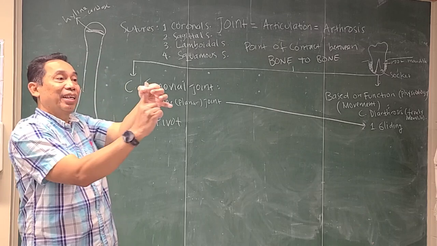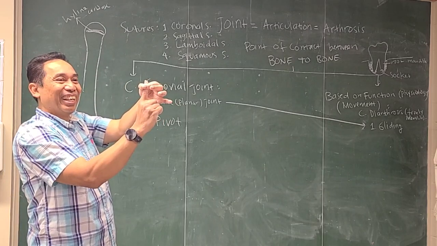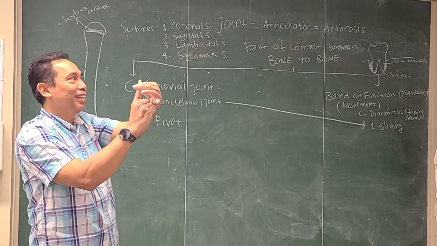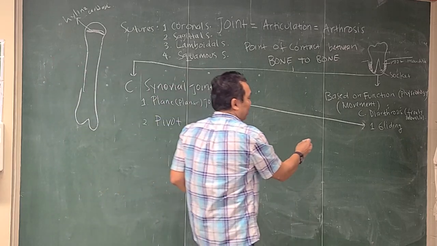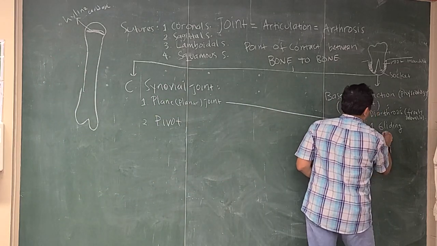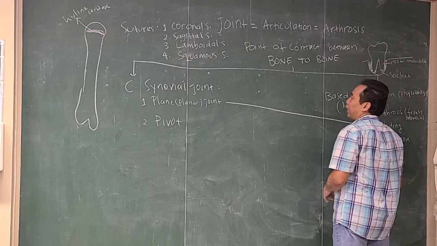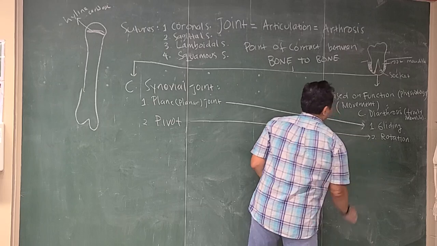This is a pivot joint. What type of movement is it going to be? You're going to say no, no, no. That movement is called rotation. So a pivot joint mostly will give rotation.